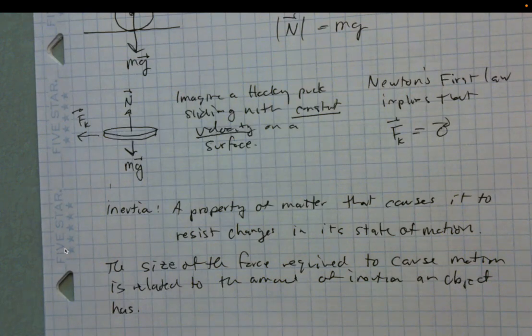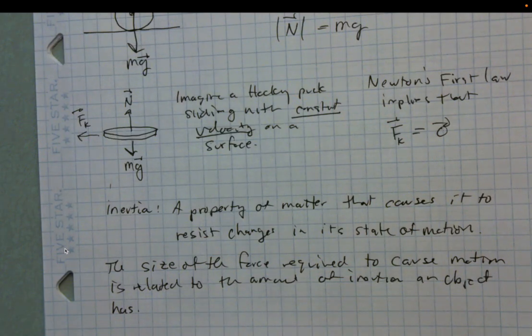And consequently, inertia is directly related to the amount of mass an object has. So objects at rest will want to stay at rest, and objects in motion will want to remain in motion. It takes some kind of an outside force to change them, and the amount of the force is directly related to the amount of inertia, i.e. the mass of the object.